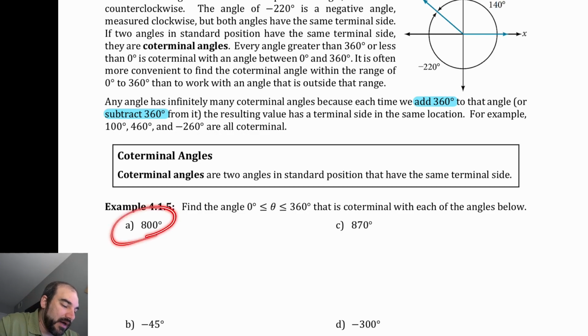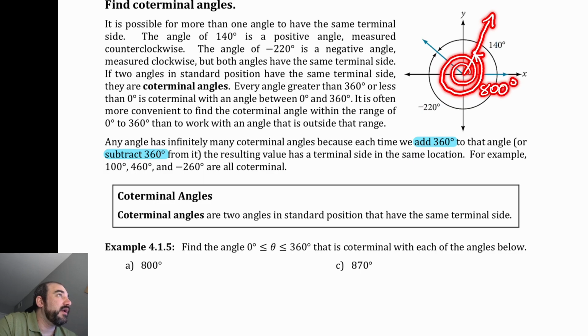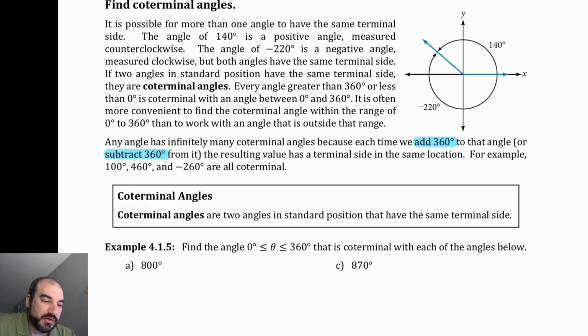So this 800 is going 360 around, and then another 360 around. That would be 720. And then 800 probably lands in the first quadrant here, so it looks like this. That's what an 800 degree angle looks like. If I were to draw it on the axes, you'd have to say it spirals around twice, and then it lands somewhere in the first quadrant.